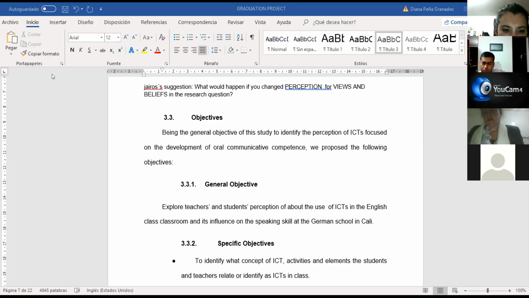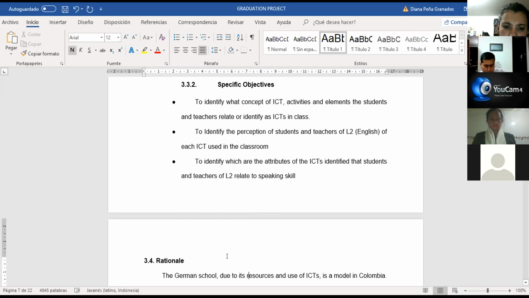Okay, let me see the specific objectives, please. Okay, to identify what concept of ICTs, activities, and elements.